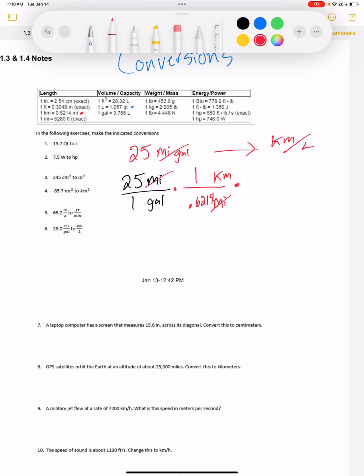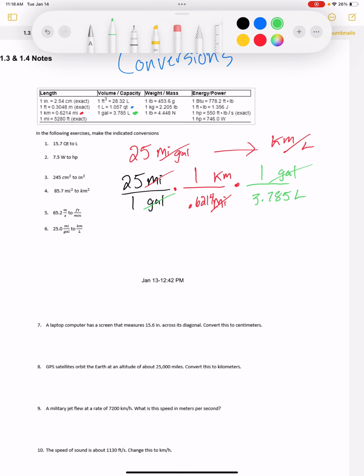All right, and now I want my gallons to cancel out, and I want them to become liters. So over here I see gallons to liters. I know I want gallons to cancel out. The only way it cancels out is if it's in the numerator. So I got 1 gallon, which is equal to 3.785 liters.